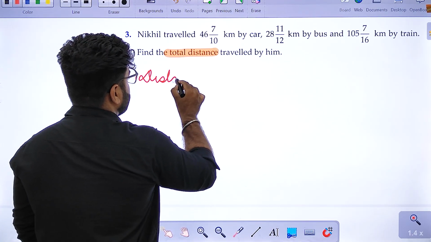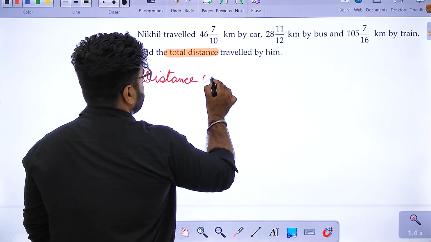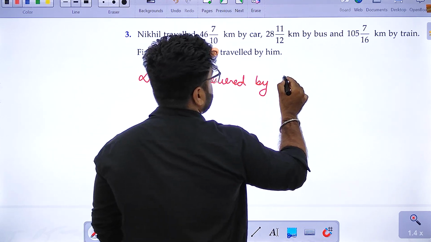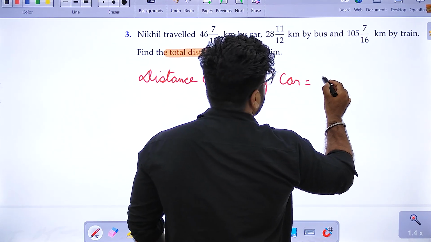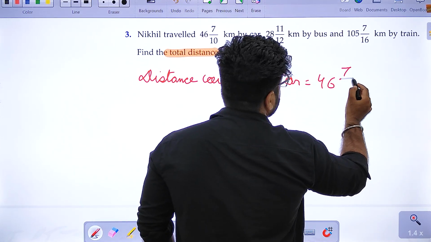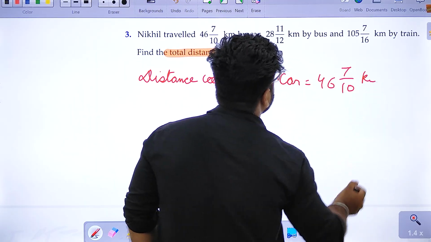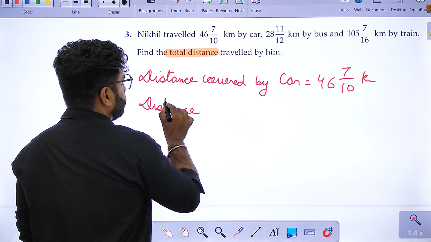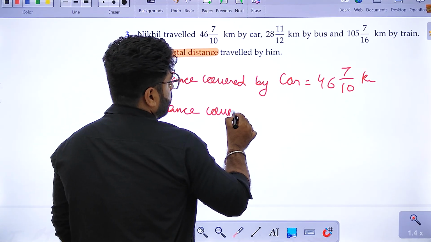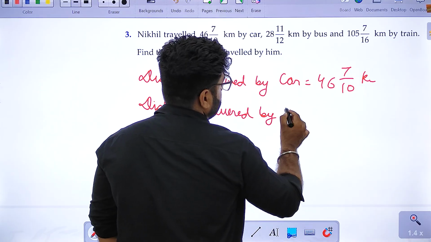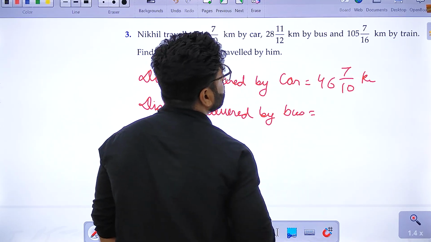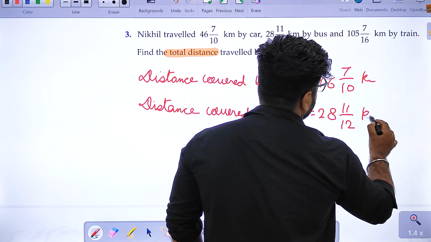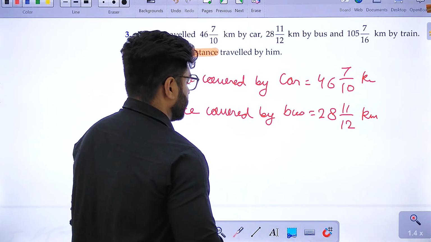The first one is distance covered by car. We are having 46 7 by 10 kilometer. Then distance covered by bus. We are having 28 11 by 12 kilometer.